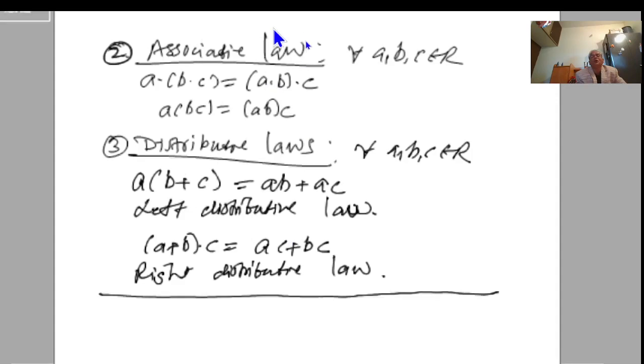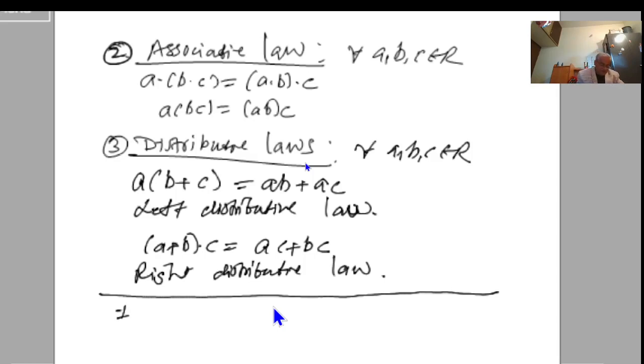That means here there may not be an identity element with respect to multiplication. If there is an identity element with respect to multiplication, then we denote that element by 1, and we call that the unity of the ring.